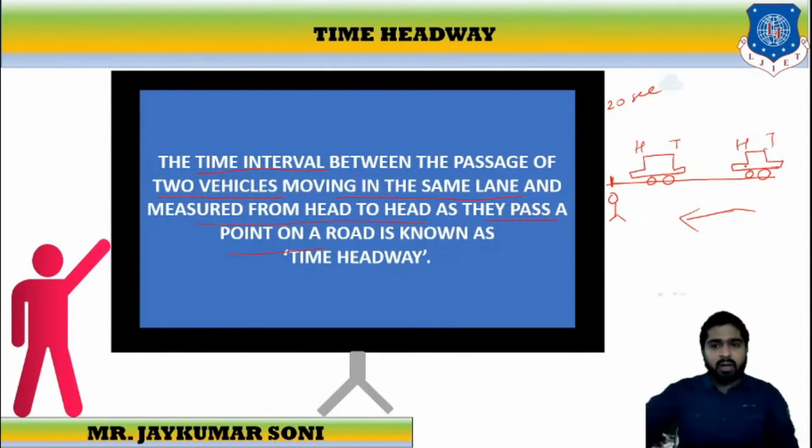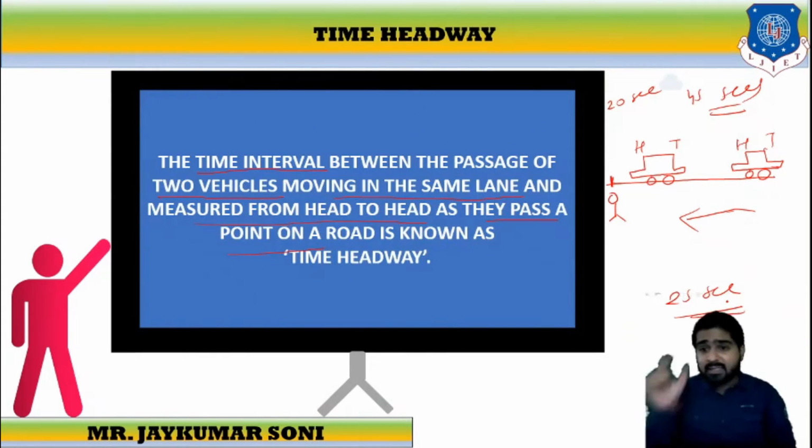Then I will wait till the head of the next vehicle crosses this point, and let us assume it is 45 seconds. So I subtract 20 from 45, and it will be 25 seconds.